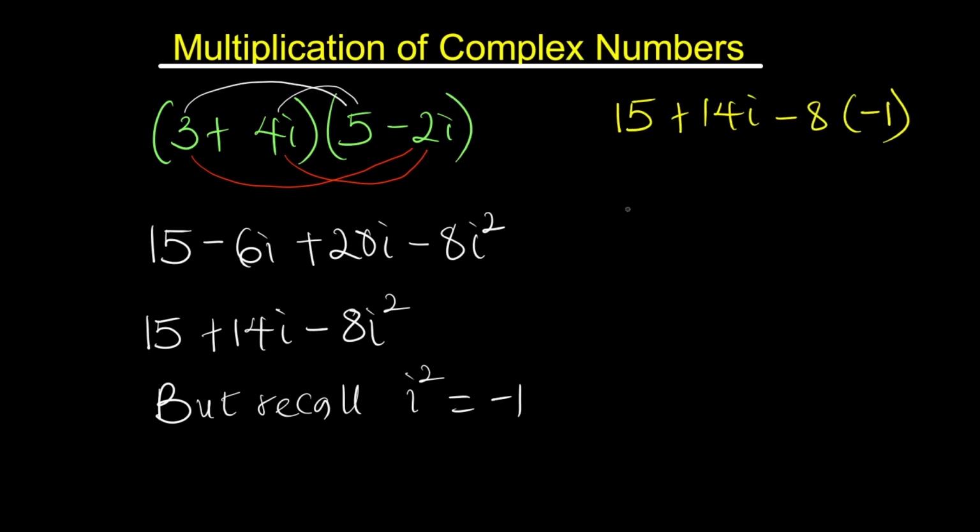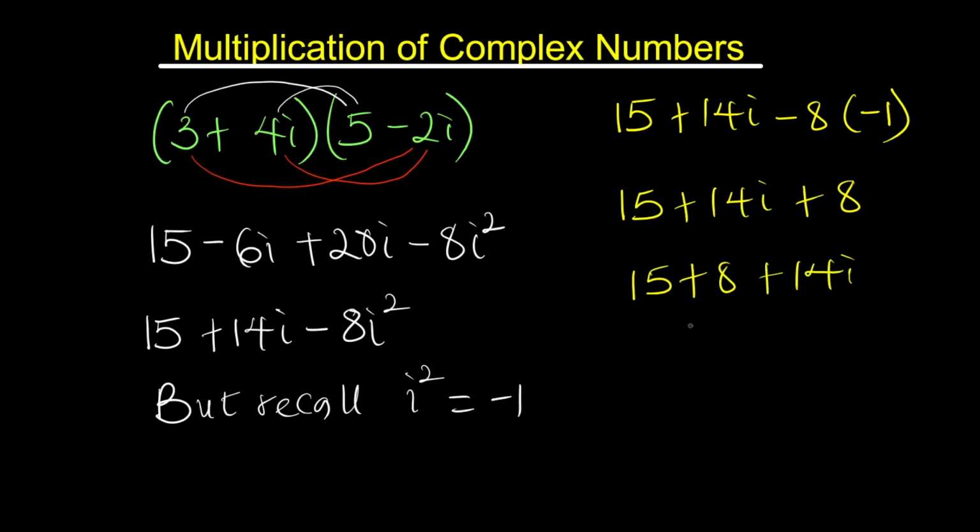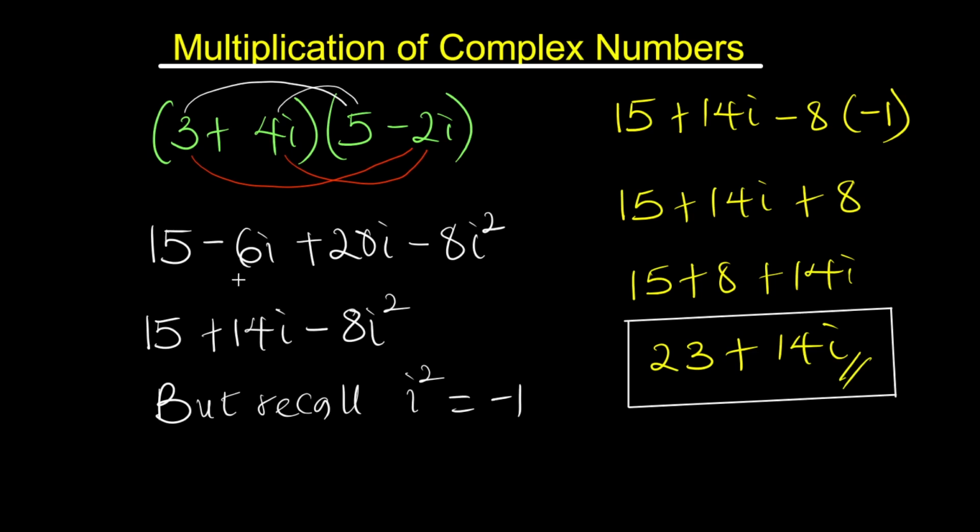Proceeding further, we have 15 plus 14i plus 8. This is the same thing as 15 plus 8 plus 14i, which is equal to 23 plus 14i. Hence, our answer is 23 plus 14i.